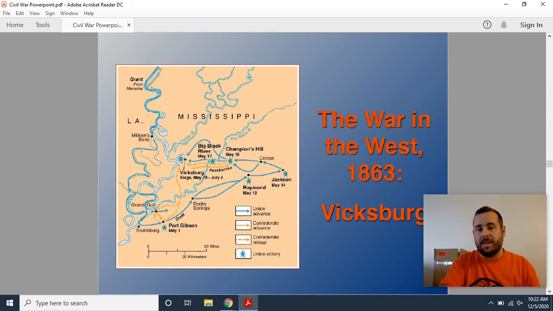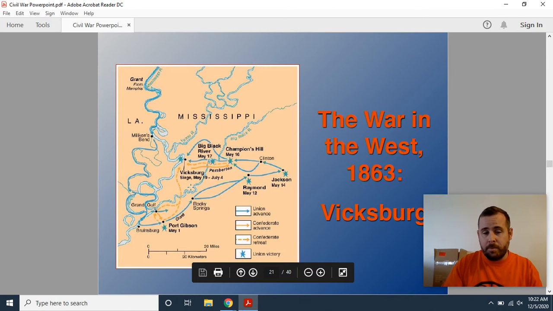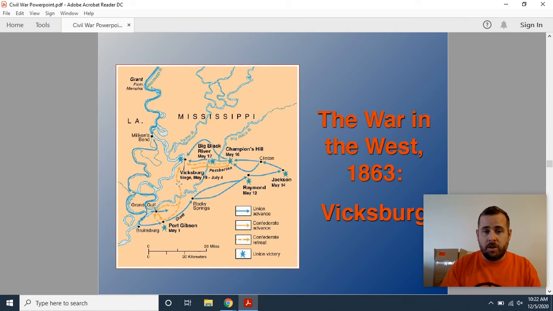The Battle of Vicksburg is in the west, and it's on the Mississippi River. Ulysses S. Grant is there. The United States Army has surrounded Vicksburg, which is a fort right on the Mississippi River. And you can see that there's a siege taking place leading up to July 4th, 1863.